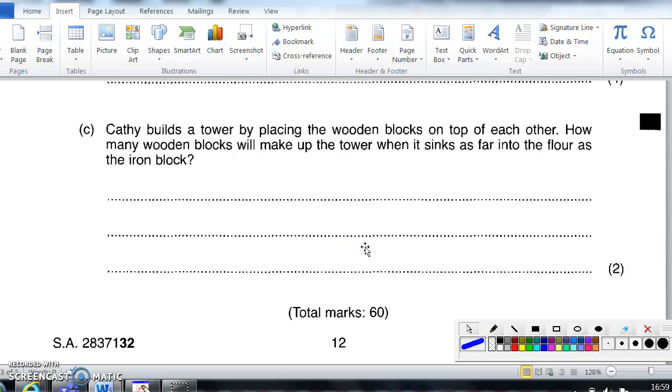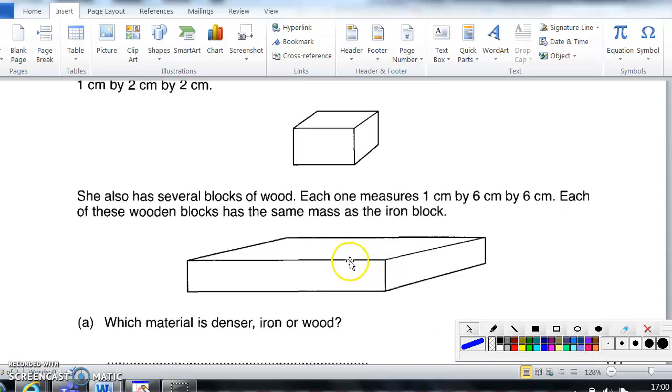Final question. Kathy builds a tower by placing the wooden blocks on top of each other. How many wooden blocks will make up the tower when it sinks as far into the flour as the iron block? So what they're saying is, how many of these big blocks will it have to stack up in order to go the same distance as this one? So what you're asked to do is compare the area along the bottom in contact with the flour.